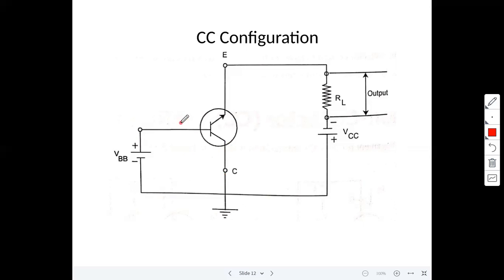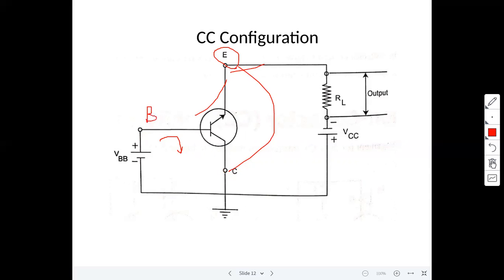What is input here? Input is the base and collector terminal. And what about output here? Output terminal is the emitter terminal. Emitter with respect to collector terminal is the output. Similarly, base terminal with respect to collector terminal is the input.